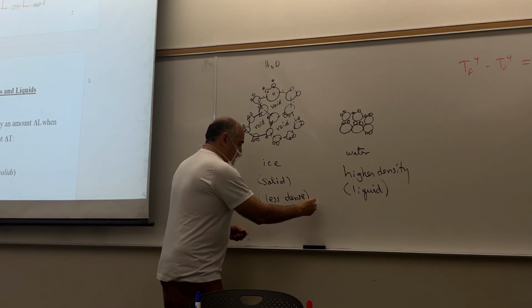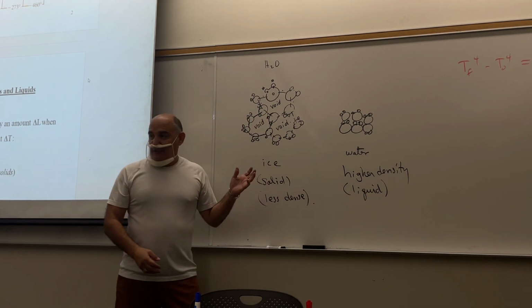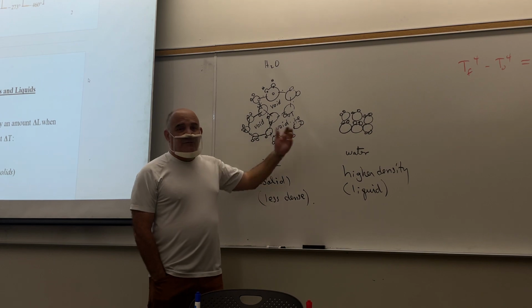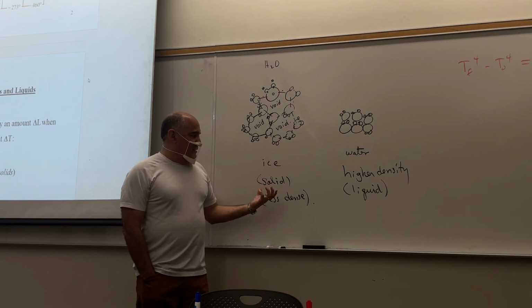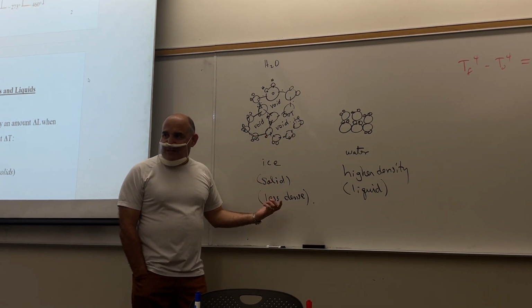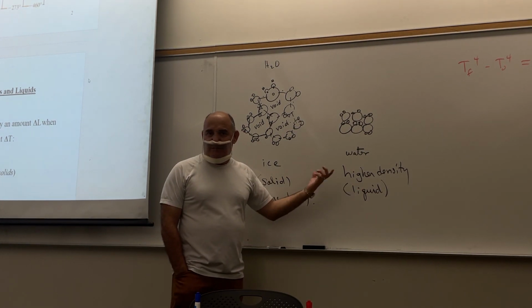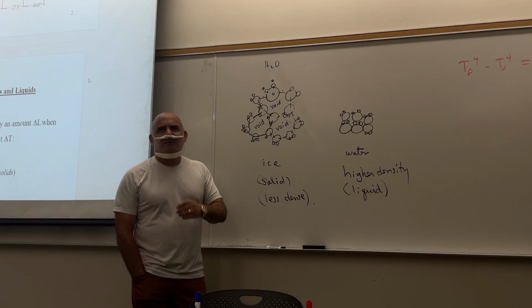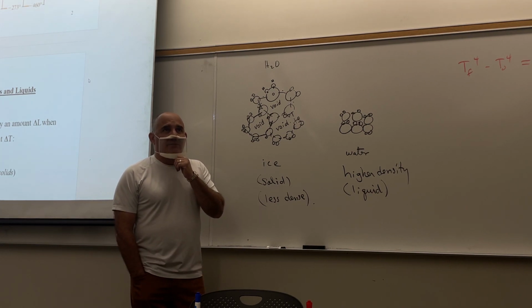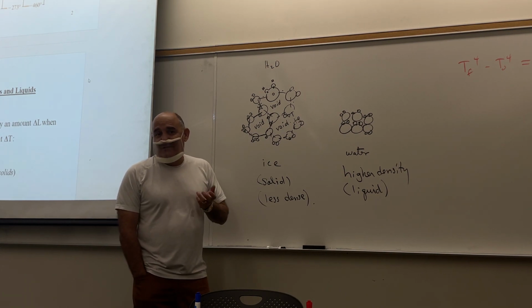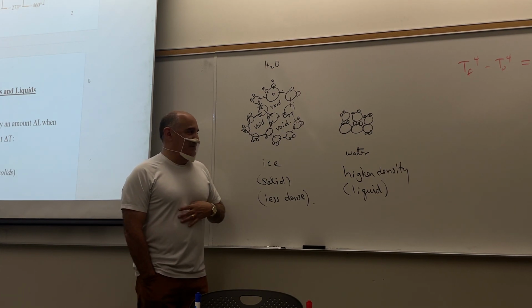Now, not many substances actually have this behavior where, at the freezing point, the solid state is less dense than the liquid. Not all substances. I think the only other exception, there may be others, but diamond is one of those. It's just that it's hard to liquefy diamond.